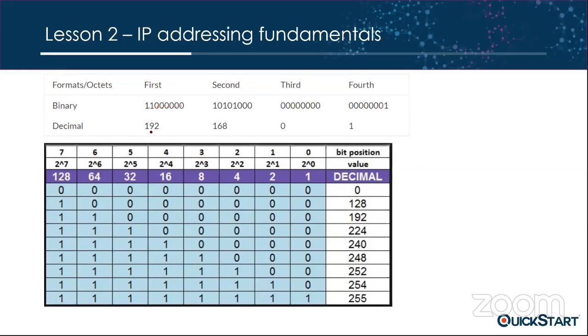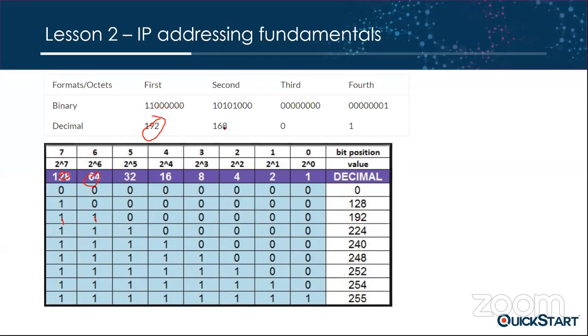How do we convert this 192 in binary? We start turning on the bits here. So 192 must have 128 and 64 on, so these two bits are on if we meet this requirement. When we convert this decimal into binary, these two bits must be on to make 192.